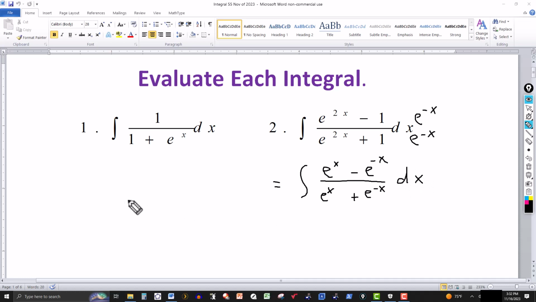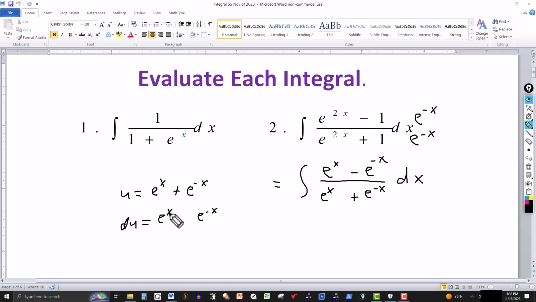So now let's try it again. Let's let u equal what we have in the denominator: e to the x plus e to the minus x. And du, when you take the derivative of that, derivative of e to the x is just e to the x. Derivative of e to the minus x is e to the minus x, but I've got to take the derivative of the exponent.